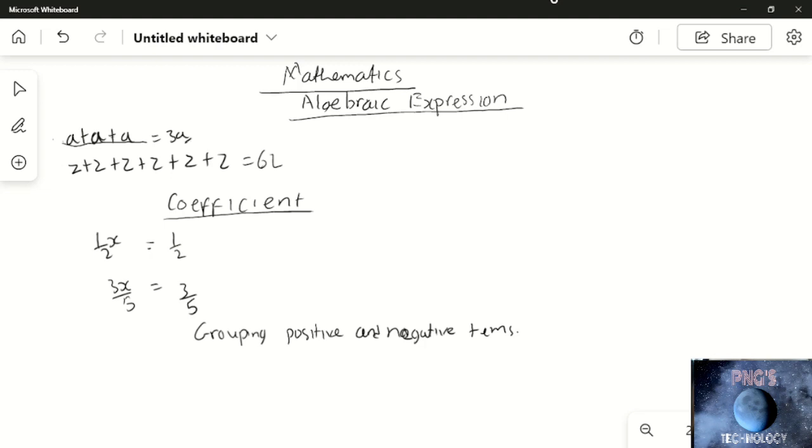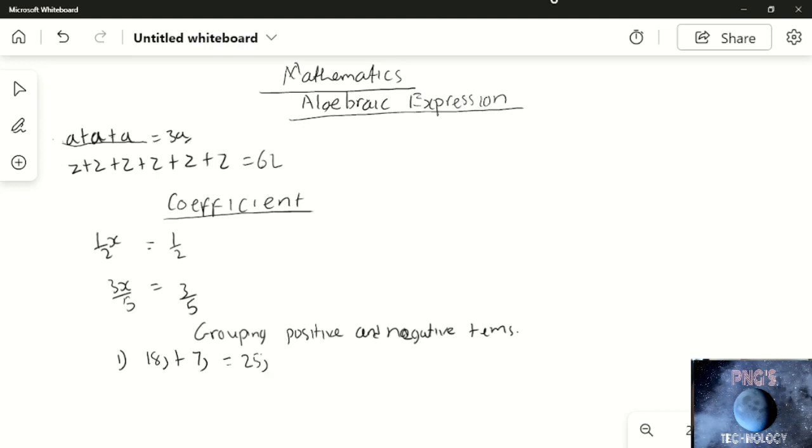Let's assume we're given 18j plus 7j. So 18j plus 7j means j in 18 places plus j in 7 places. What you just got to do is add the numbers. 18 plus 7 gives us what? 25. So in this case we have a total of 25 j's.